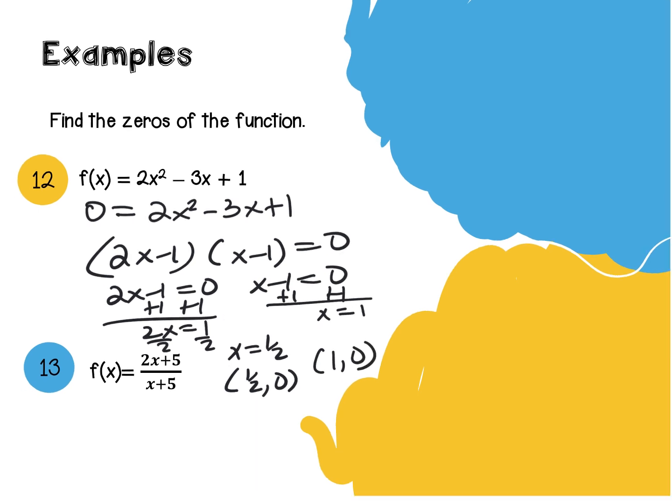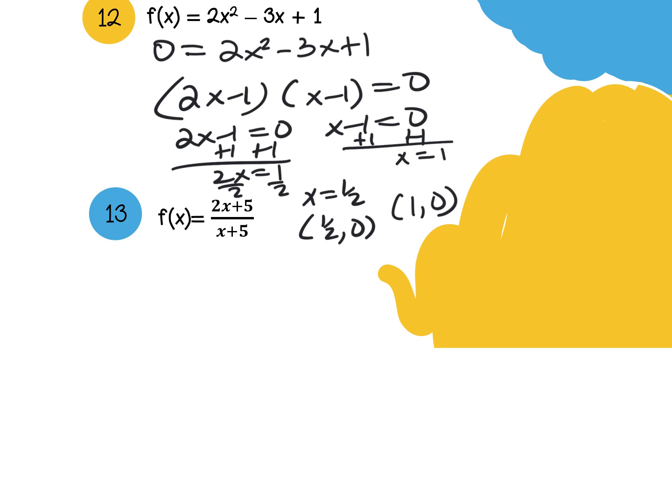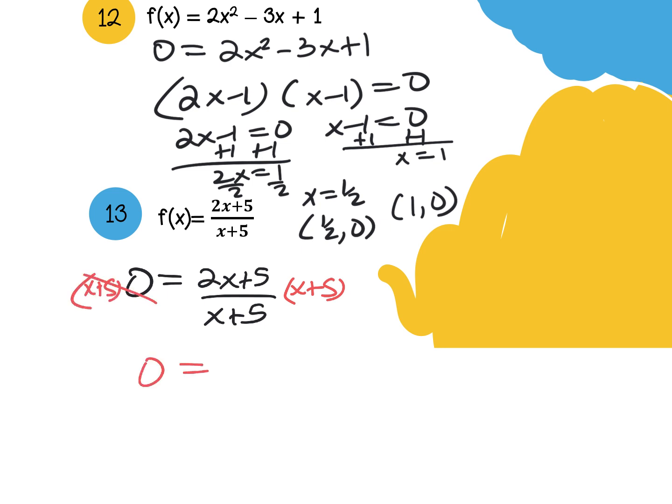And then I'm going to do the same thing on the last one. We've already done this. Plug in 0 for f of x. Solve for x. So I'm going to multiply both sides by x plus 5. This is just gone. So it's 0 equals 2x plus 5. So I'm going to subtract 5 from both sides.